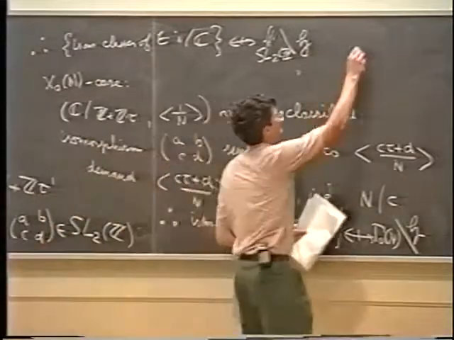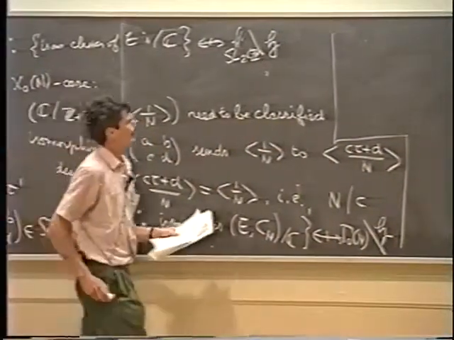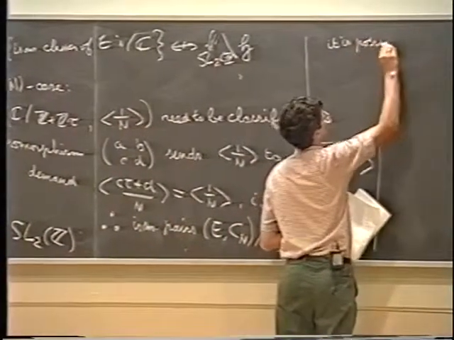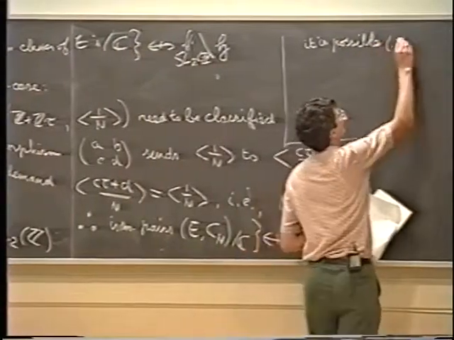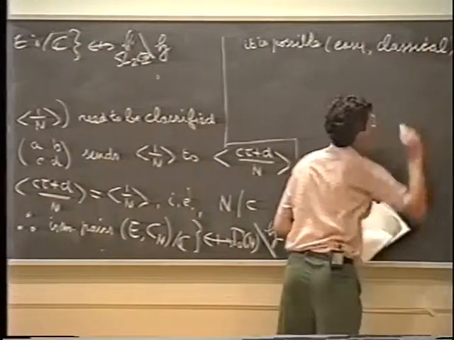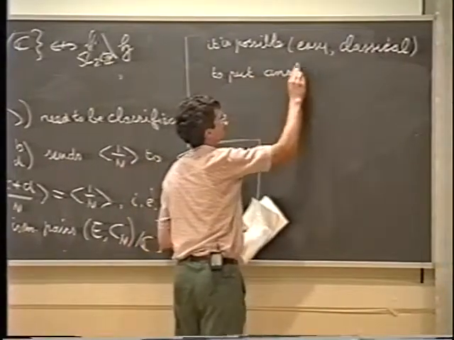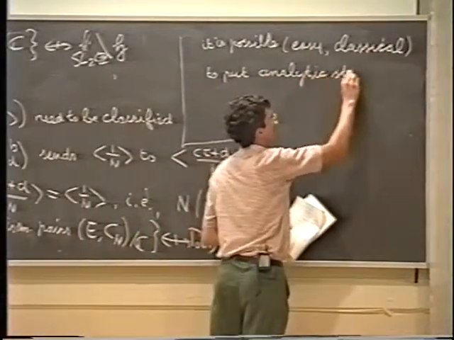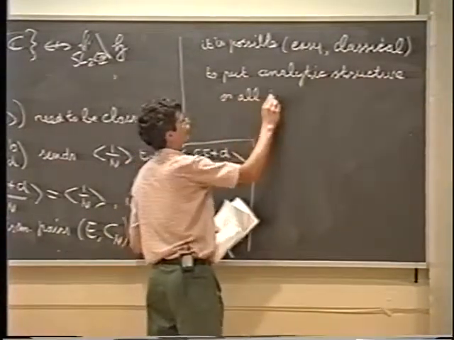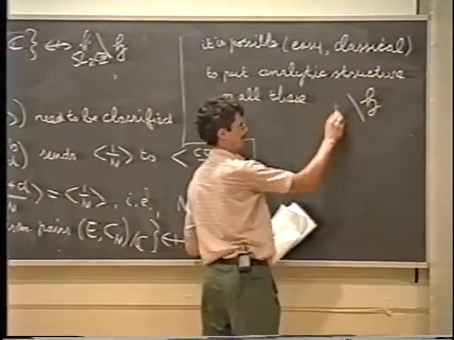So I don't want to put too much stress on the analytic theory, but it is possible, and in fact rather easy, and it's classical, to put an analytic structure on all these upper half spaces where you mod out such a group which I call gamma.